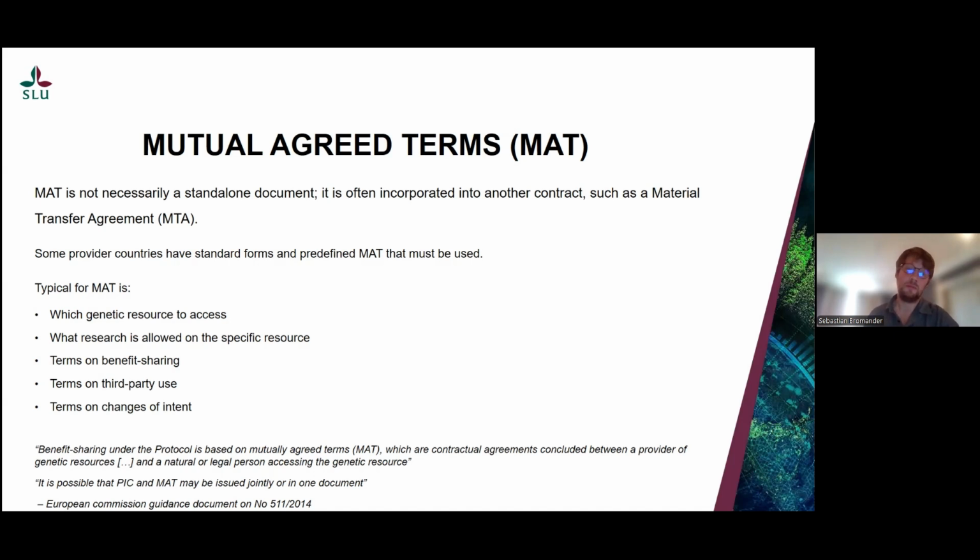This is a huge challenge for the countries that have this access legislation. How do they actually know what's going to happen with the material when it's outside the country? It's a lot about trust in that sense. It's very hard for them to find out. So trust building, I would say, is very important within this system.